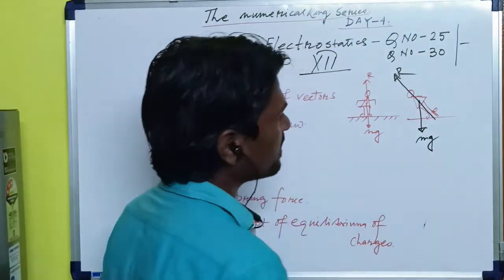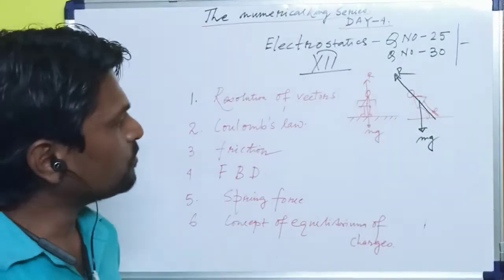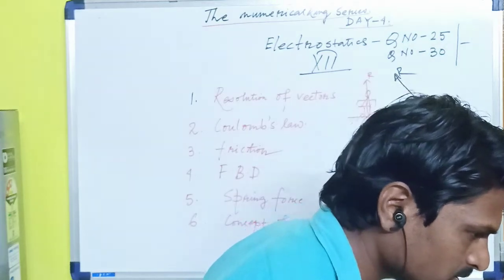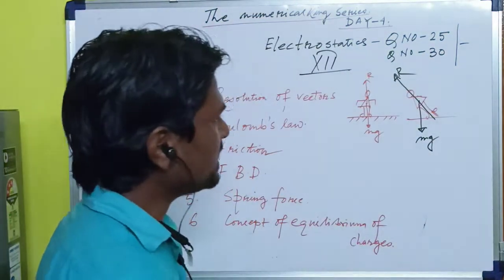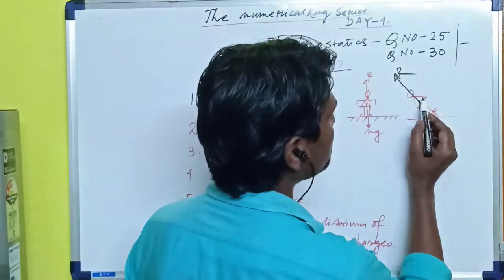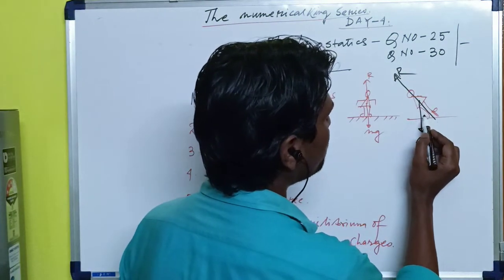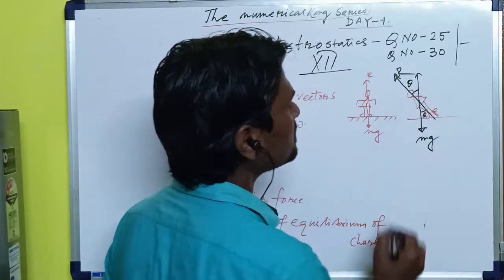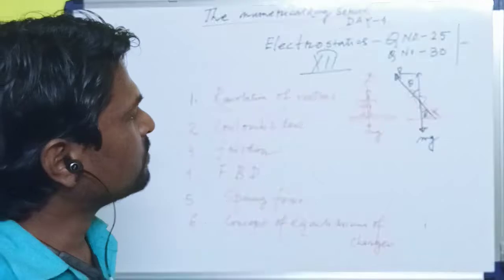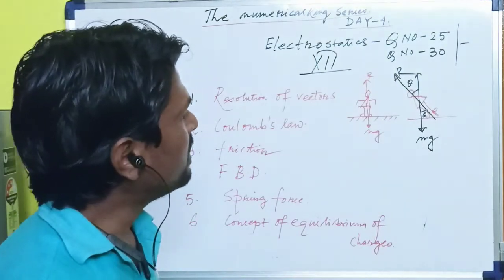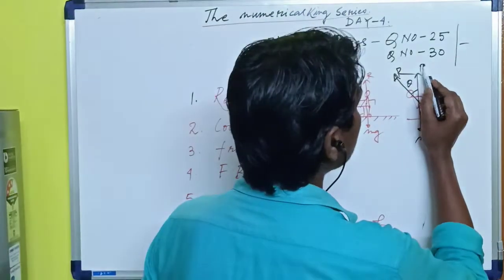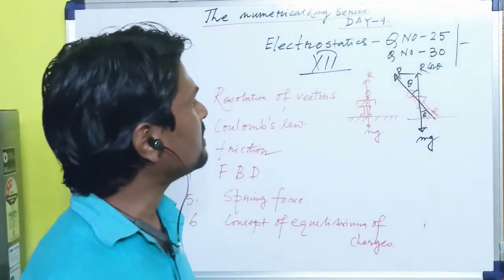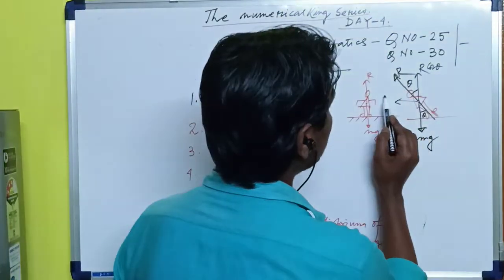For equilibrium in that pose, the reaction force resolves like this. If this angle is theta, then this angle is also theta, because they are vertically opposite angles. So R cos theta acts in the upward direction, and R sin theta acts along this direction.